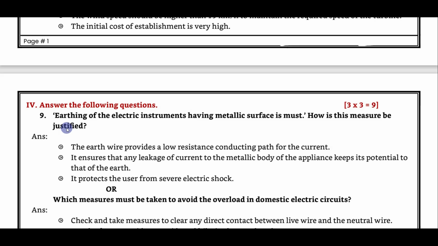Earthing of electrical instruments having metallic surface is a must because earthing provides a low resistance conducting path for the current. In case of any leakage, the current flows through the earthing wire and it prevents the user from severe electric shock. These are the 3 reasons you should write.